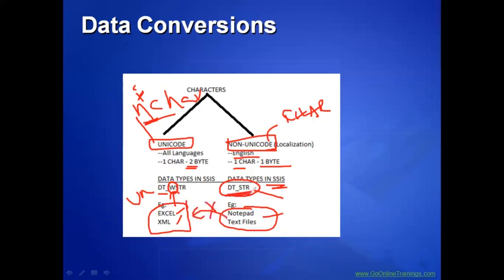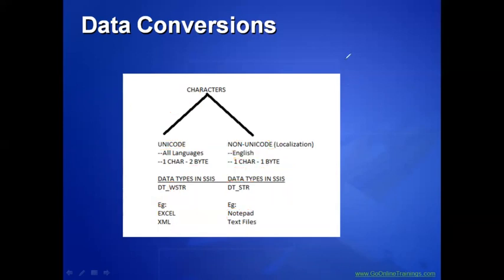Because this is DT_STR data, but actually we have to store DT_WSTR data in Excel. Clear? So remember, sometimes Notepad data directly you cannot dump to Excel, because this is non-Unicode, DT_STR data. Here it is called DT_WSTR, wide string, bigger string data. You have to use the data conversion.